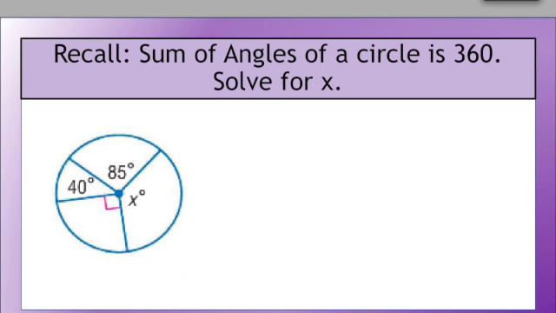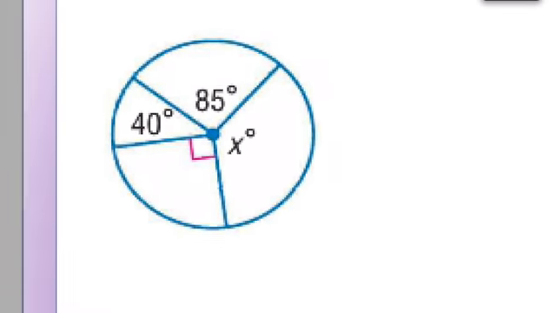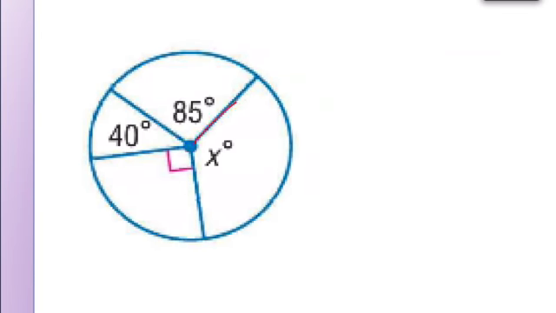Okay, so we're going to begin introducing a new concept. Before we do that, I want to quickly review that the sum of the angles of a circle is equal to 360 degrees. If you were facing straight ahead, and you turned all the way around and were facing in the exact same position that you were facing when you began, then you rotated 360 degrees.